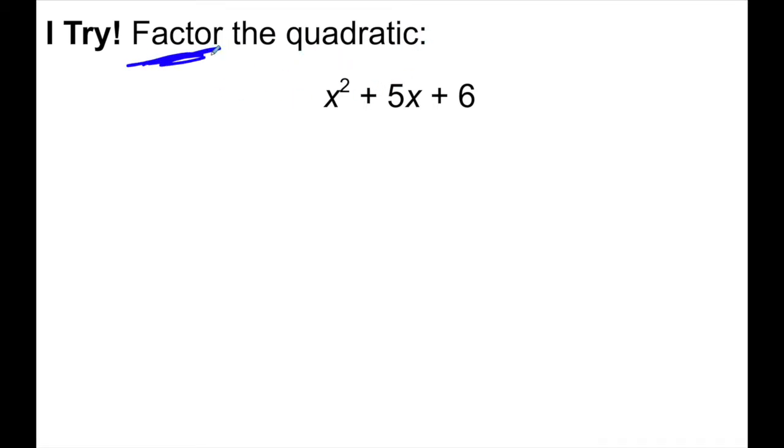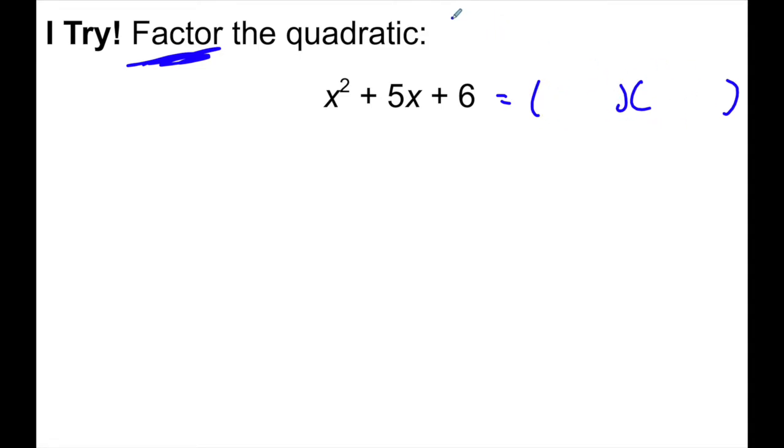Factor, to factor, means to break a quadratic down into a product of two other polynomials. This is a polynomial, right? It contains multiple different items or terms. So I'm going to break it down into one thing times another thing, right?